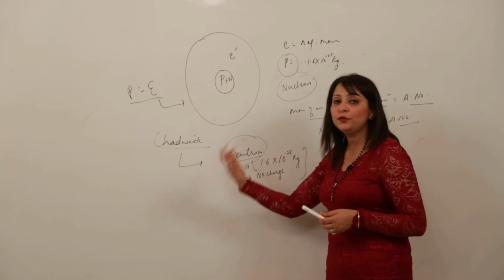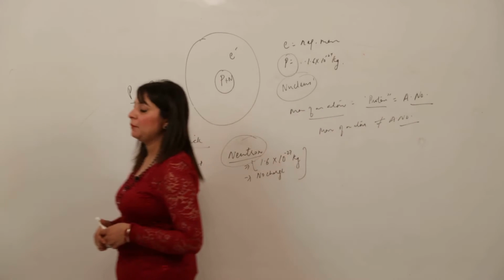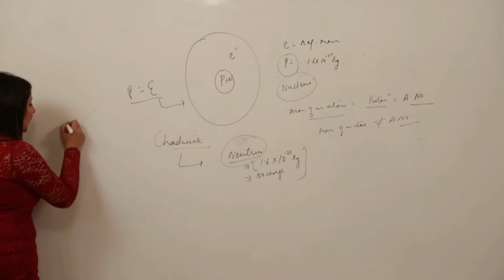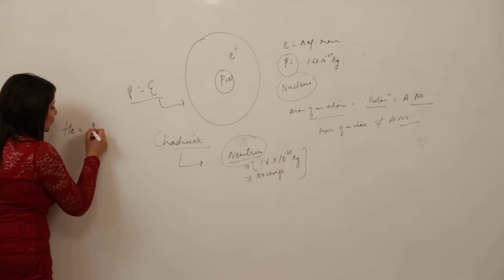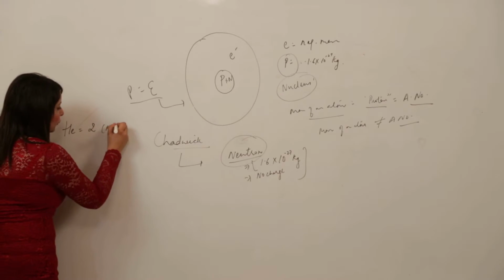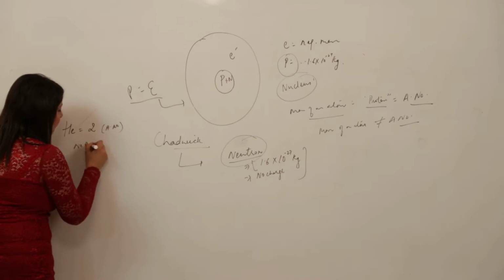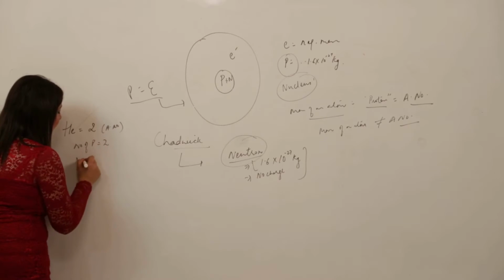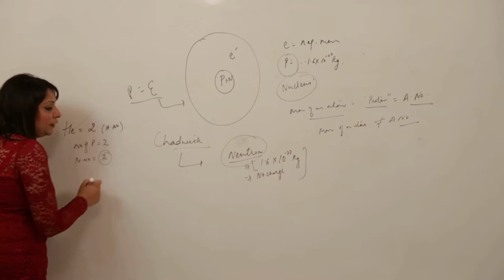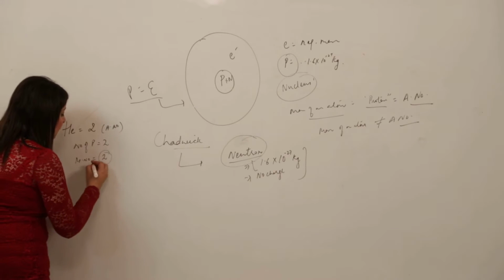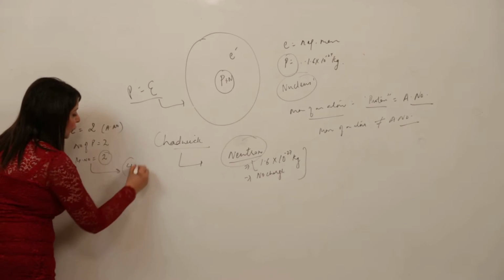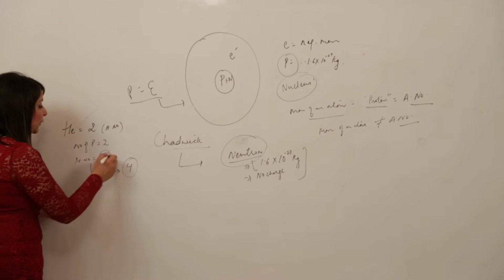and it was proved also by, see, I am taking an example in the case of helium. The atomic number is 2. That means the number of protons is 2, so its mass number should be equal to 2. However, when it was found, its mass number was equal to 4. So it was not equal to the atomic number.